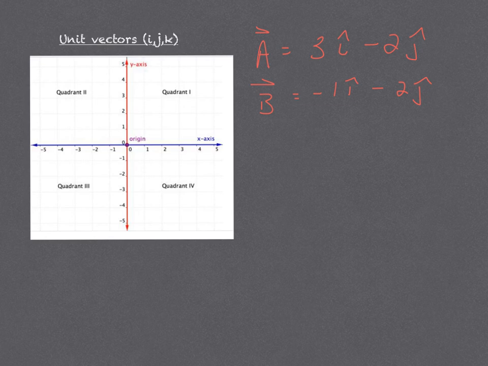So what that looks like on the graph is vector A is going to be at 3 and -2. And then B is going to be 1 to the left of that, okay, because we're going to add it on. Actually, let me draw the vector, the full vector here. Now we're going to go to the left 1 and then down 2 more, because that would be -1 and -2.